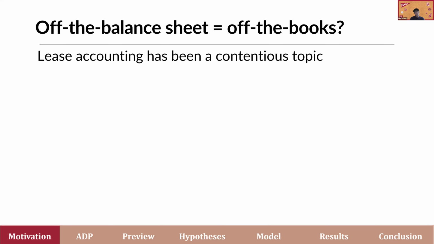Okay, so we know lease accounting has been a pretty contentious topic. It might be even fair to say that how to account for leases has attracted a lot more scrutiny and interest than the leasing itself.